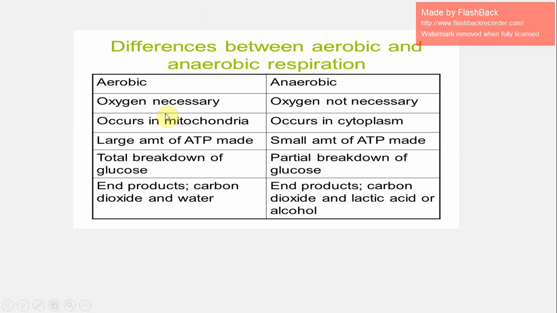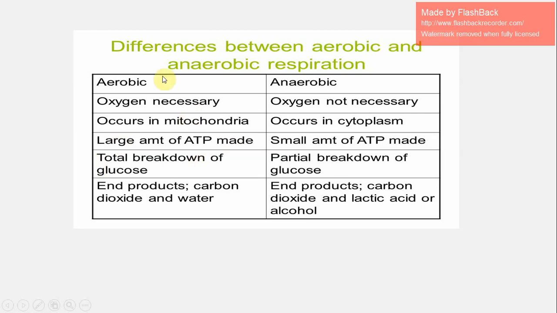In aerobic respiration, we have more reactants, so we have more products. At the same time, in aerobic respiration, the whole glucose molecule is broken down. Total breaking down of glucose. But here, glucose is broken down partially, not all of it is broken down.